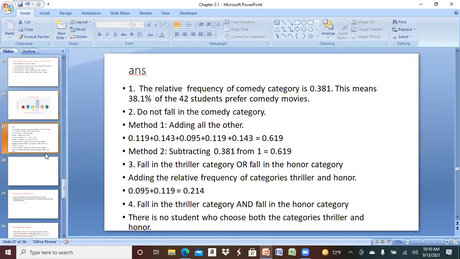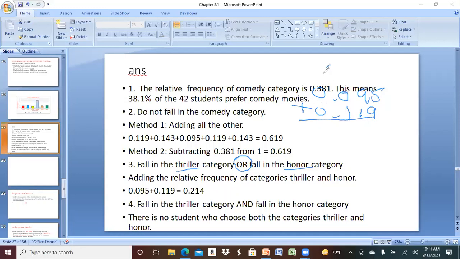The next question is the falling in thriller category or falling in the horror. You add the thriller and horror, and you get 0.214 because that is all the thriller and horror. Thriller we had 0.095 and horror we had 0.119.